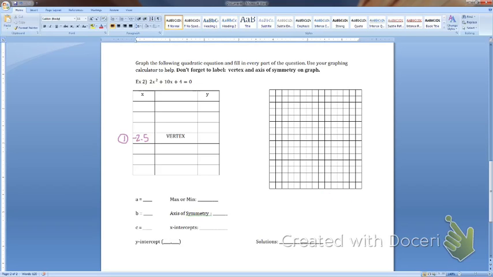I think most of the ones in your homework assignment are even, so that will be nice. We're going to take negative 2.5 and plug it into our equation to solve for the vertex. So we have 2 times negative 2.5 squared plus 10 times negative 2.5 plus 4. Go ahead and put that into your calculator. Be very careful as you're putting it in.